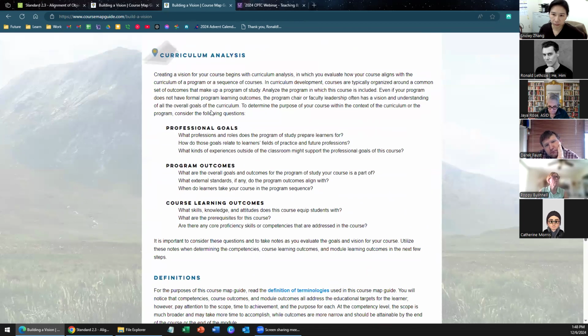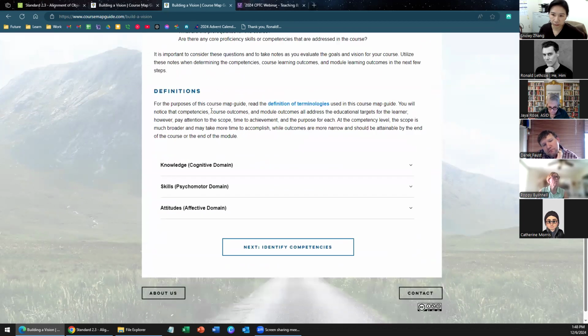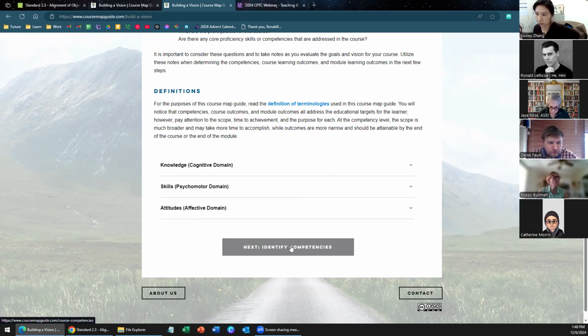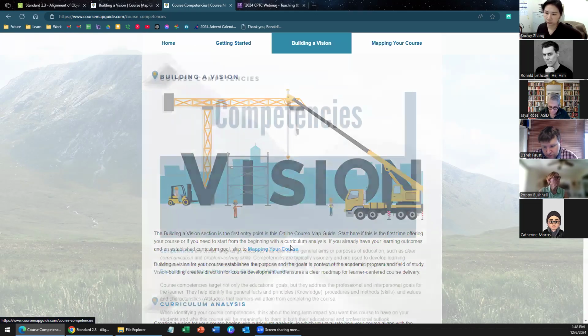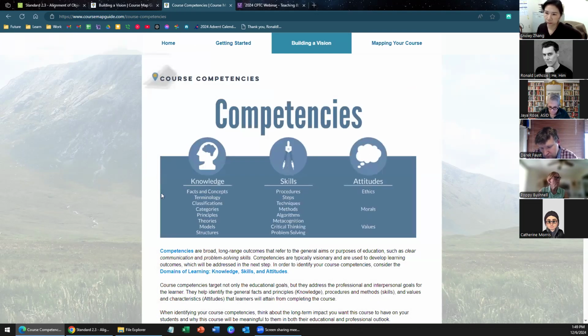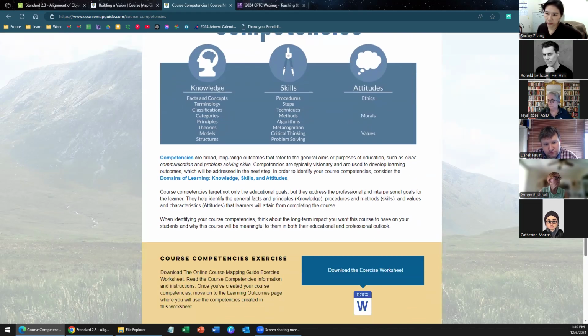This is kind of what Snowy was talking about earlier. Is it a knowledge thing that you're focusing on? Are you focusing on a skill, or on attitudes related to learning? This is kind of a broken down version of that.